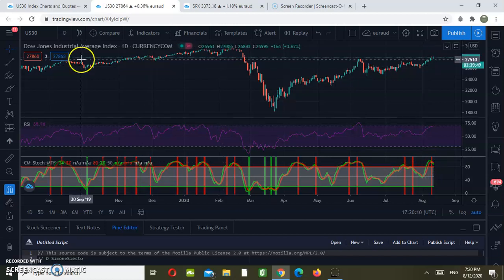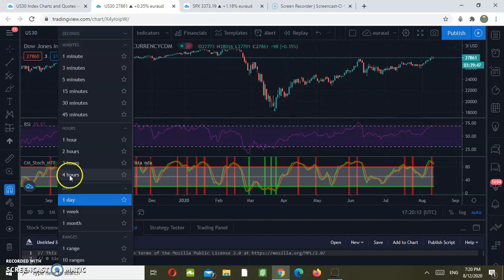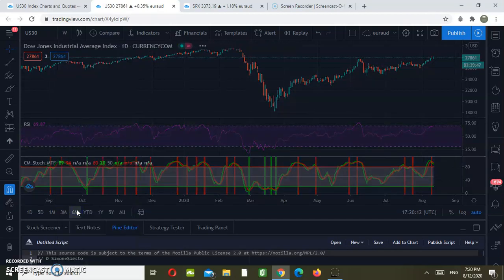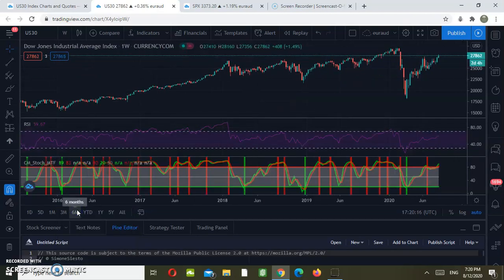Now let's move on and analyze the weekly chart. Let's see if we can retrieve some more ideas. In this case, on the stochastic multi-time frame, the green curve has crossed above the red one and is moving in the overbought area, which means we still have a chance to reach this area, around 29,000 points.